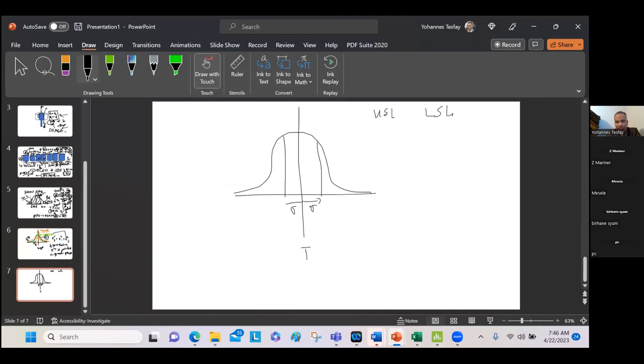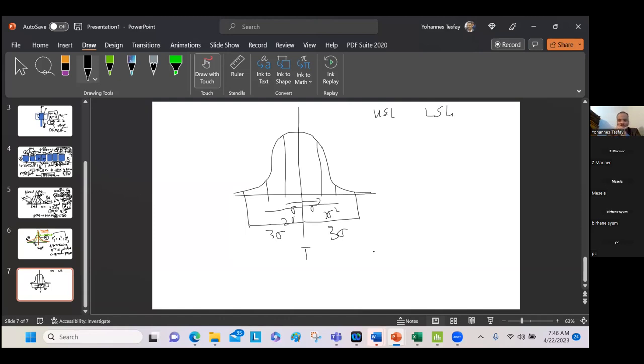If you add another sigma here, that is 2 sigma. You are here and you are there. And if you increase your sigma again, this is 3 sigma, okay, just like that.